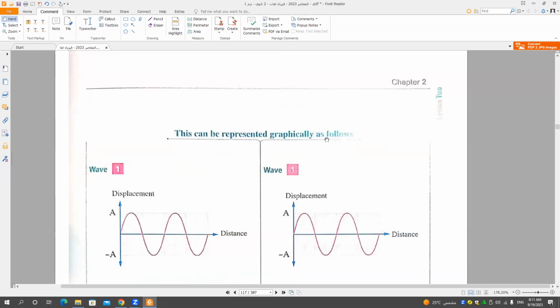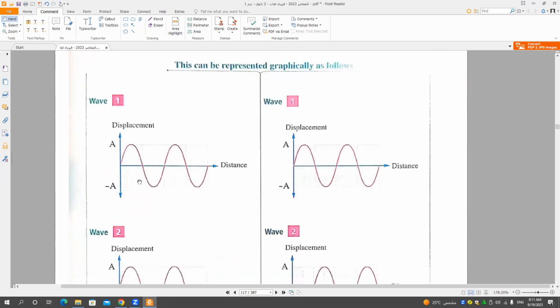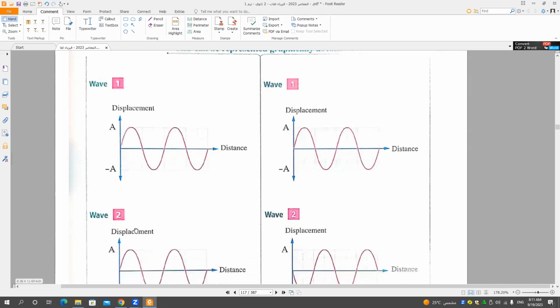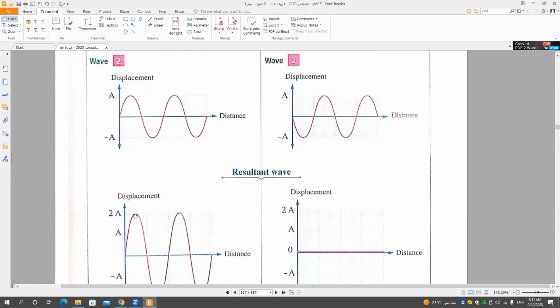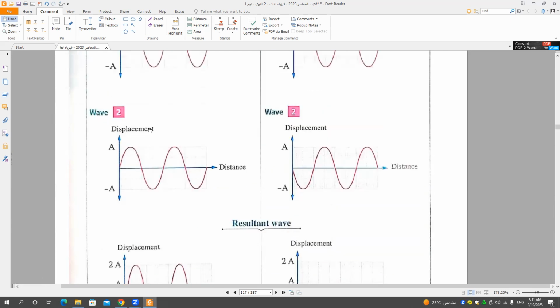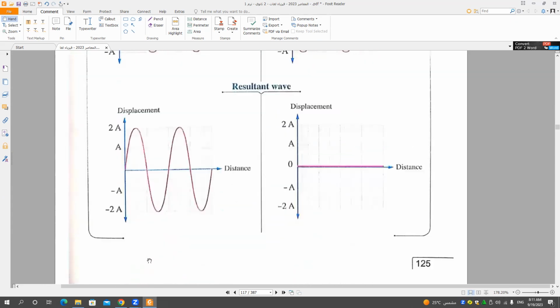This can be represented graphically by wave 1 and wave 2. If these two waves are overlapping or superposed on each other, crest with crest will make constructive interference. The intensity increases to double. The peaks increase to double, and trough with trough, the peaks increase to double but in the opposite direction.